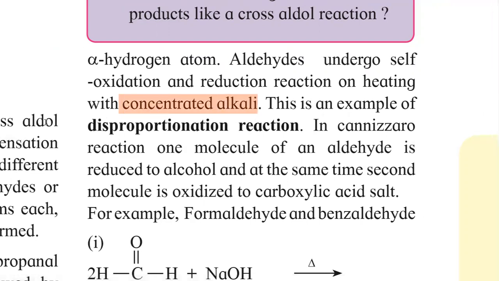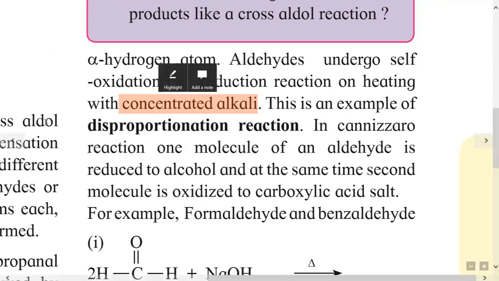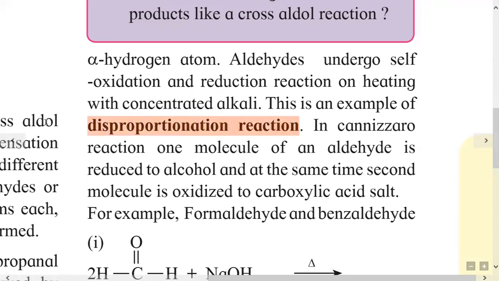Remember, for aldol condensation we had used dilute alkali. Now, for this Cannizzaro's reaction, we will use concentrated alkali. Concentrated means here 50% NaOH or 50% KOH. So this is an example of a disproportionation reaction.